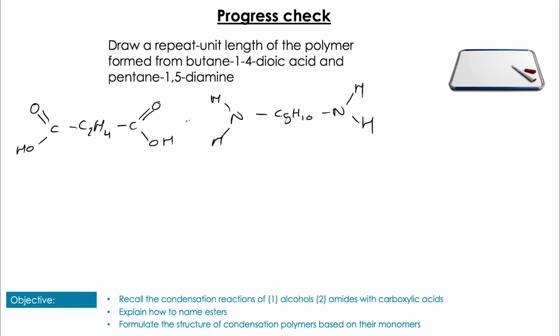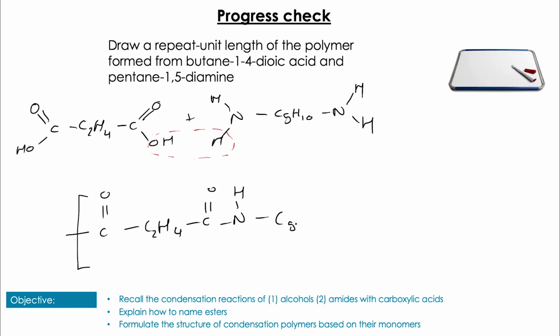And then we're just going to remember we're going to remove the water, which is going to give the C-N-C bond, square brackets, remembering to remove the water from each end of the molecule, drawing in the whole molecule, and then n with a square bracket at the end to indicate the repeating unit.